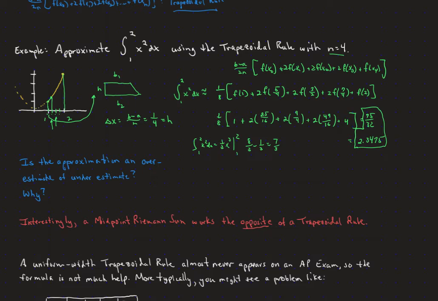So if you want to see what the error is, the error would be the actual value, say 7/3, minus the 75/32.